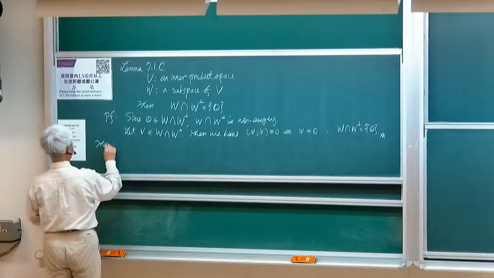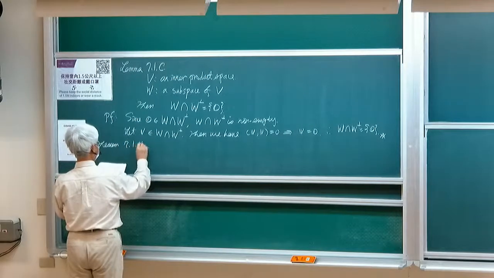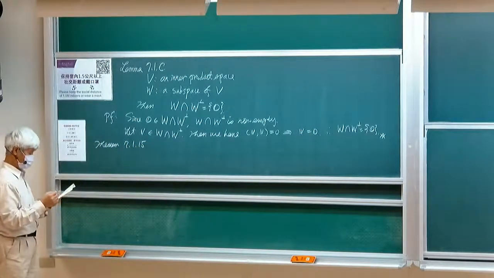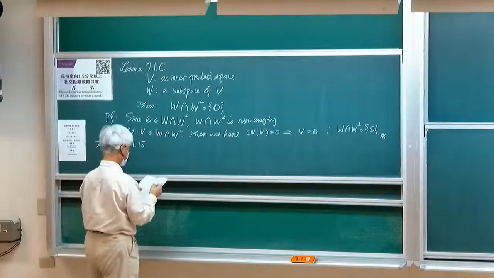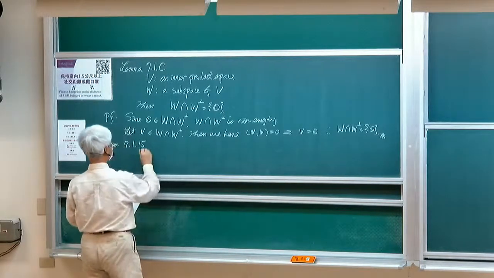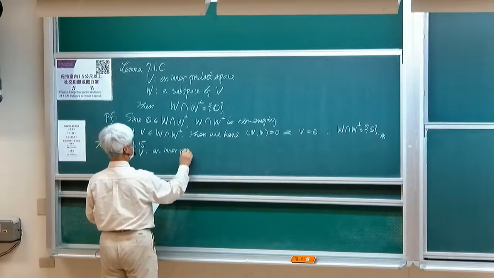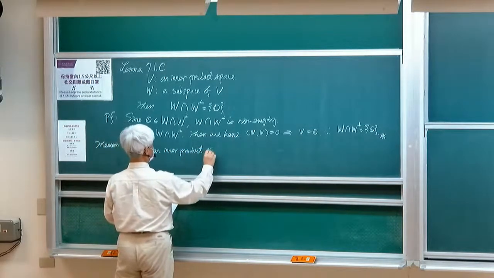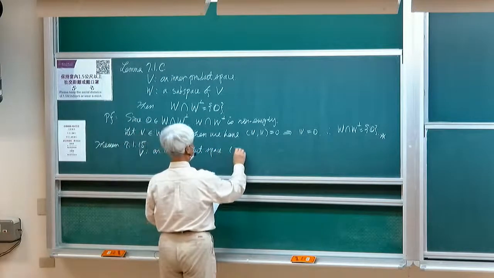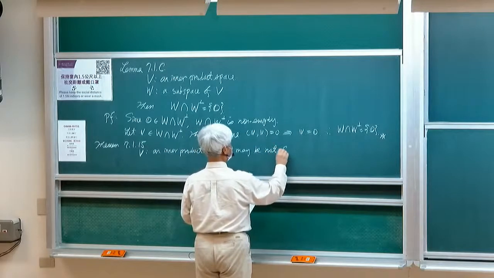Now we will be able to describe theorem 7.1.15. Okay, so again, V is an inner product space, maybe not finite dimensional.